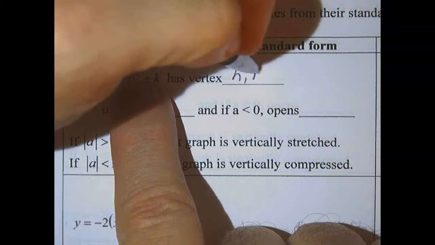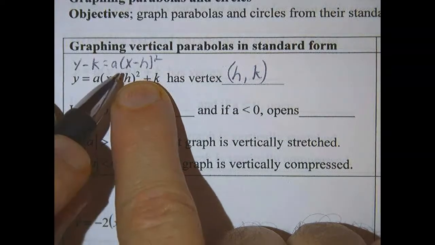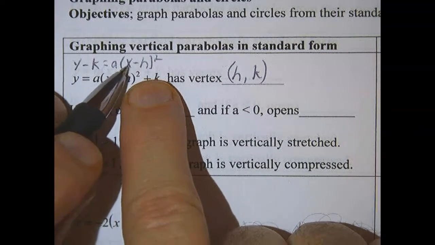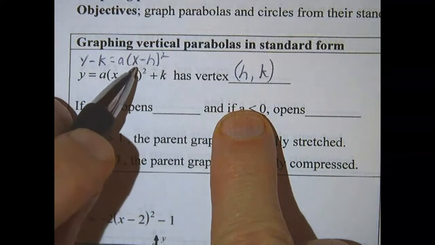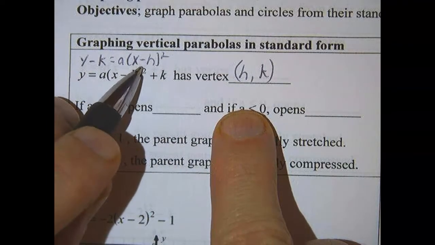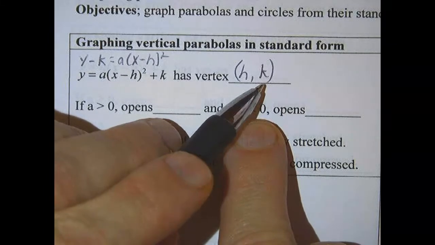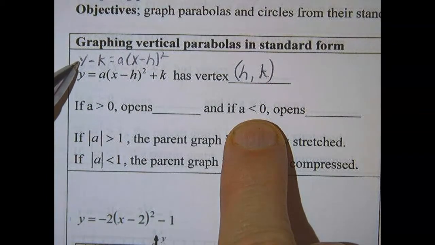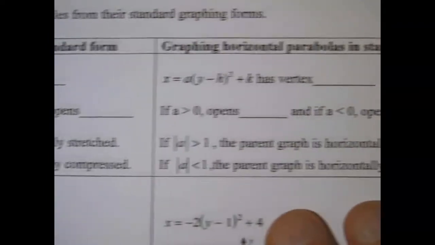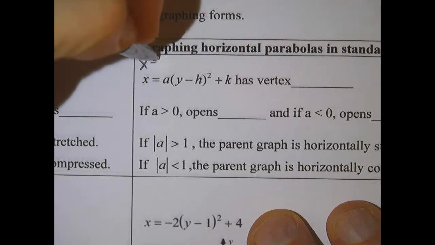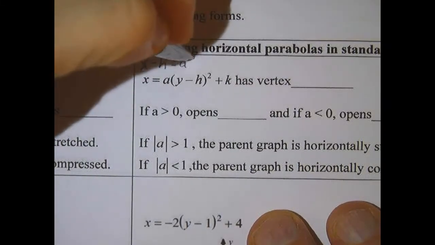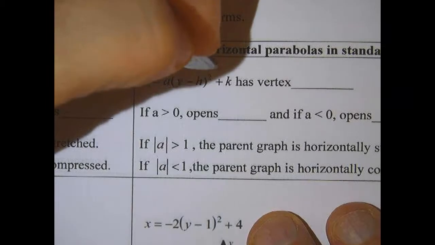The other nice thing about this way is that since the h is the x-coordinate of the vertex, it's got to go with the x. And the k is the y-coordinate of the vertex, so it's got to go with the y. So for the sideways parabola, we write x minus h equals a times y minus k squared.